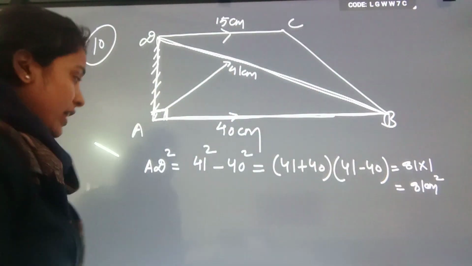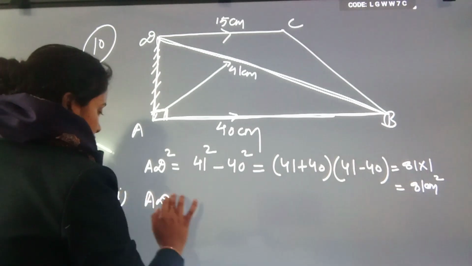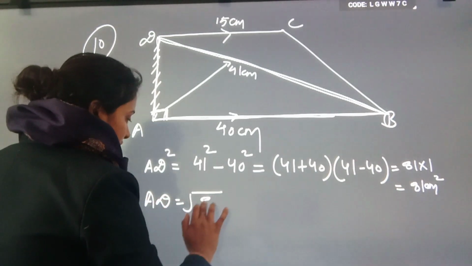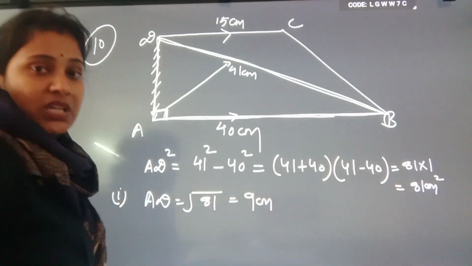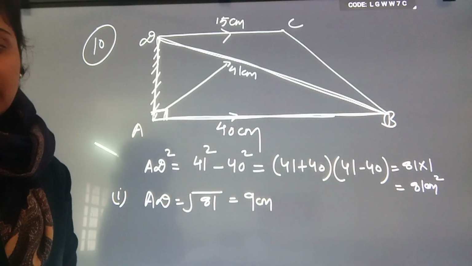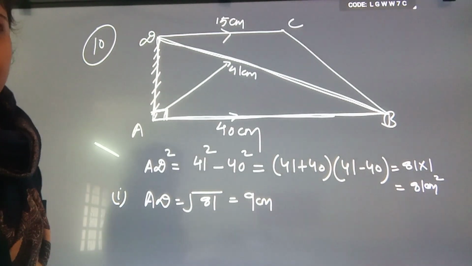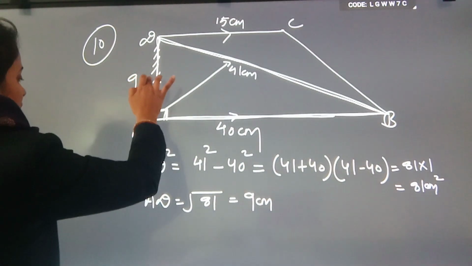Now we have to find the side AD, so that will be equal to the square root of 81, which is equal to 9 centimeter. So the length of the side AD is 9 centimeter.